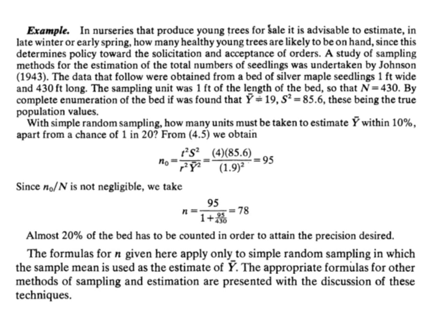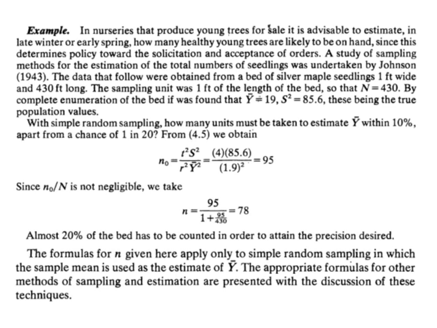A study of sampling methods for estimation of the total number of seedlings was undertaken by Dawson, 1943. The data that follow were obtained from a bed of silver maple seedlings, 1 foot wide and 430 feet long.